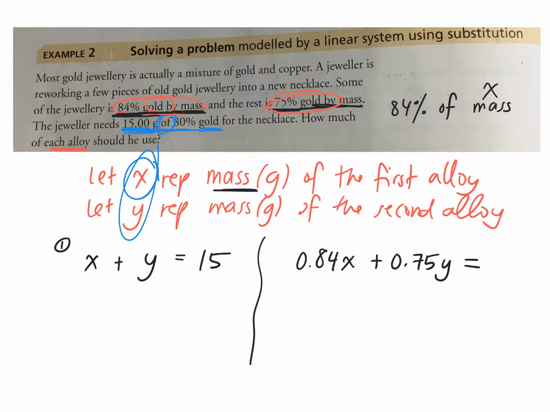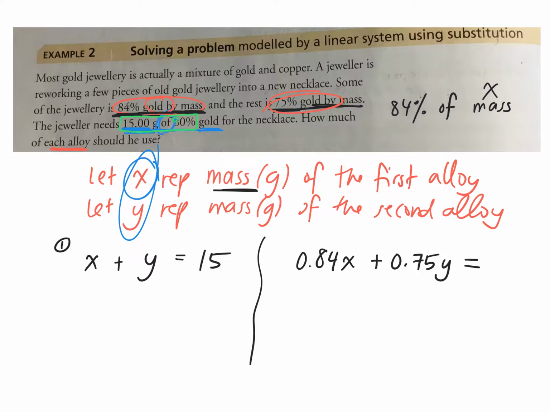And it should add up to a total of, go back to look at the original question. Now this is where it gets a little bit confusing. But we need 15 grams of 80% gold. So it's not equal to 15, right? And it's not equal to 80. It has to be 80% of the 15 grams that has to be gold.